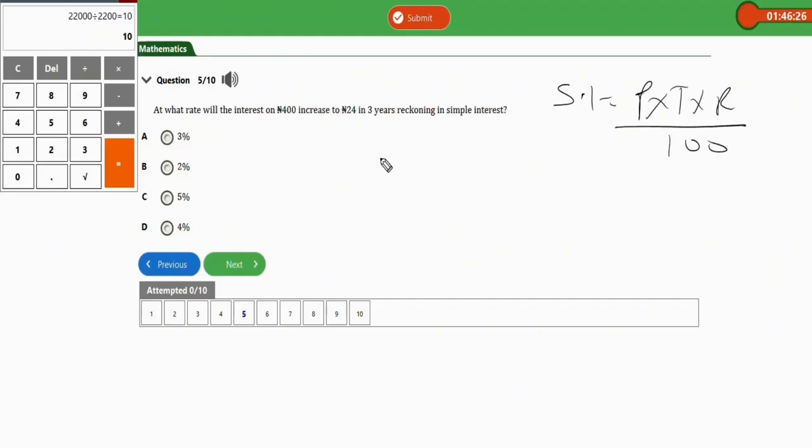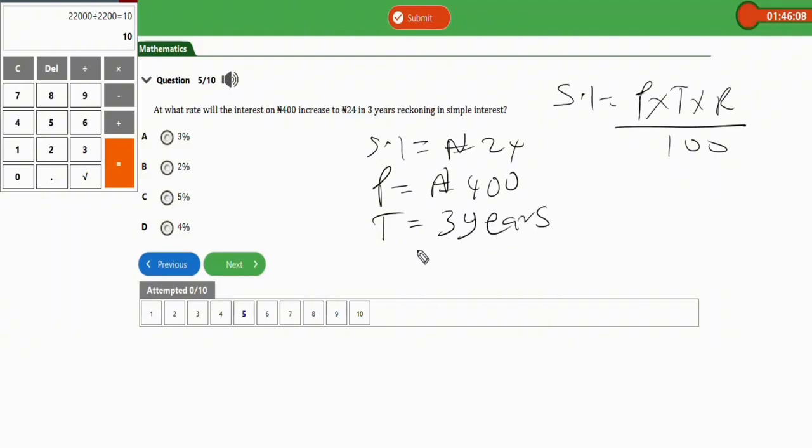In this question, the simple interest is 24 naira, the principal is 400 naira, the time is 3 years, and we're looking for the rate.